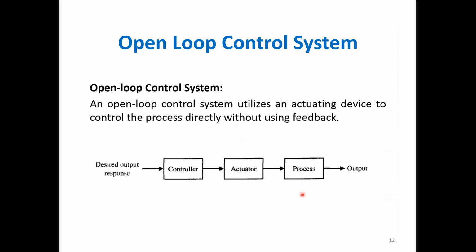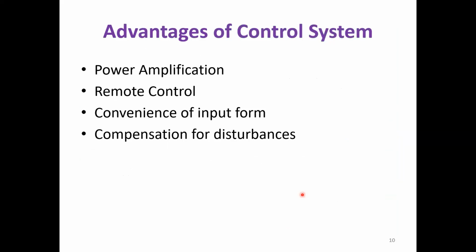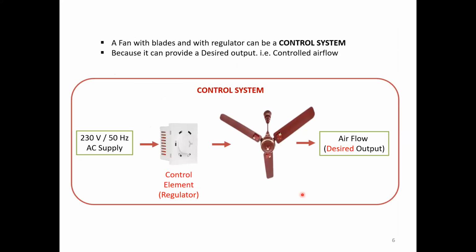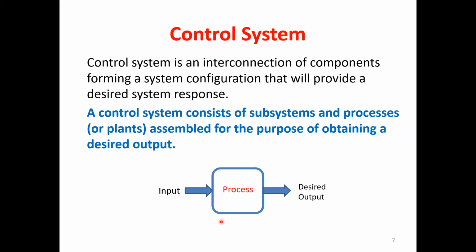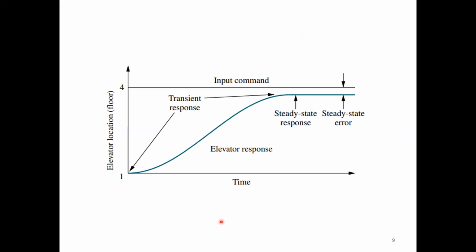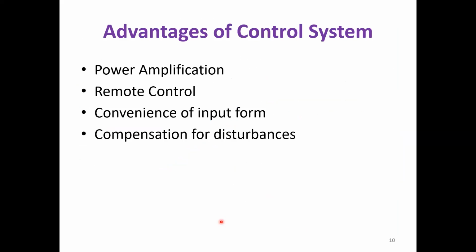So let me check the types. So that is the control system. The main difference is that in the control system, we use the control element to make a system control system. So what we have seen, the elevator, which is an example.